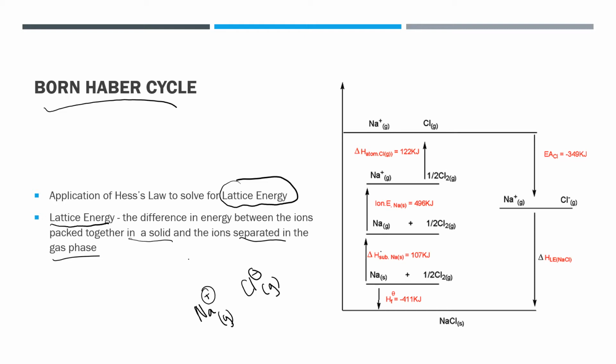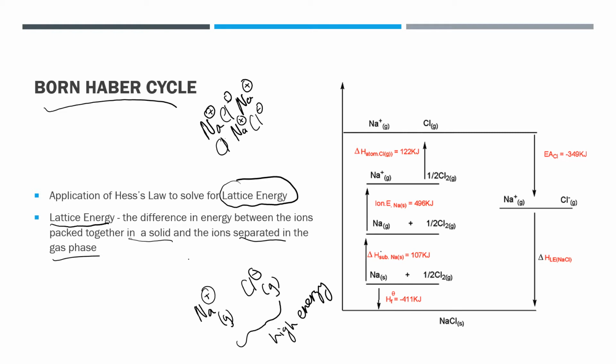So this is a high energy state when we have them in the gas phase, whereas what we normally think of as table salt, NaCl, has sodium and chloride ions tightly packed together in a crystalline structure. I'm not drawing it accurately, of course.